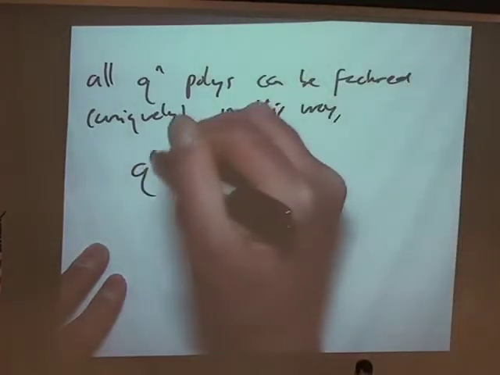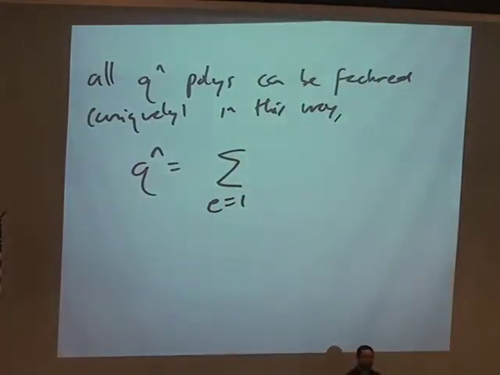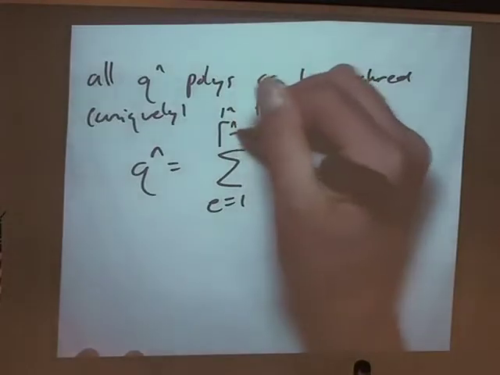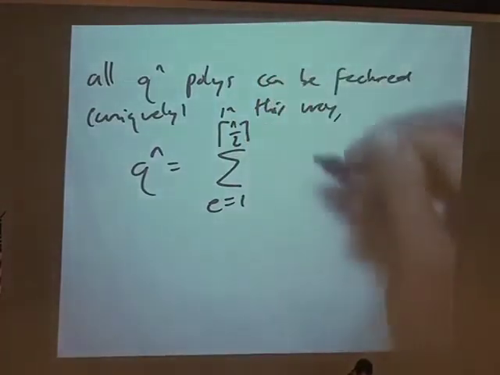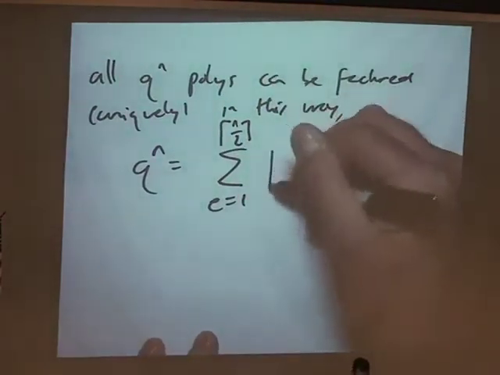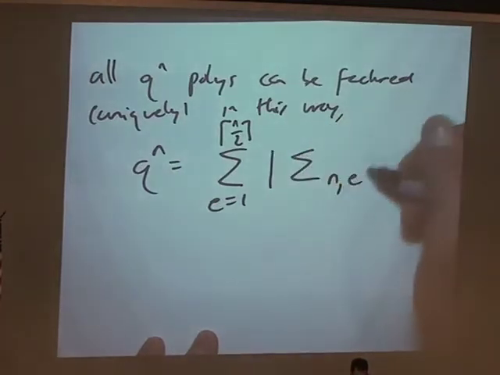So what that means is that q to the n is the sum from e equals 1, I could say e equals 1 to infinity, because when e is bigger than n over 2 this is just 0, but let me write the ceiling of n over 2, times the size of sigma n,e.